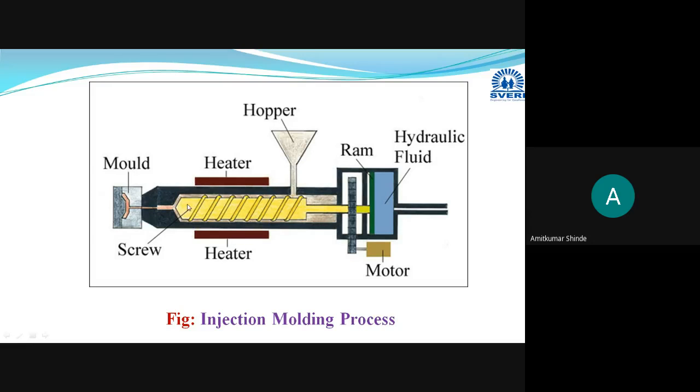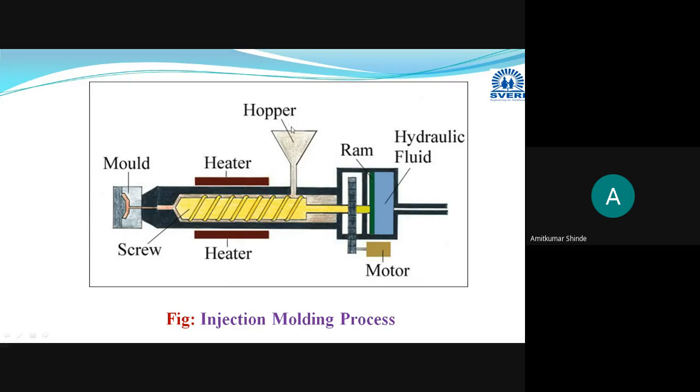Due to the rotation of this screw, whichever melted plastic material is there will be forced back, not in the forward direction. It will be forced back and collected here.